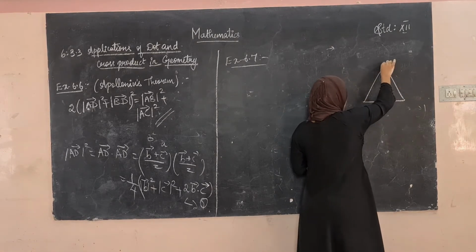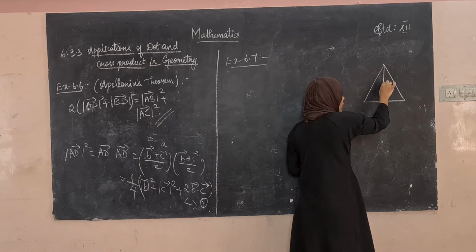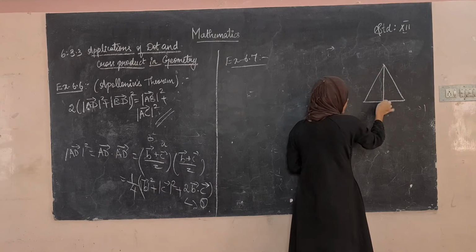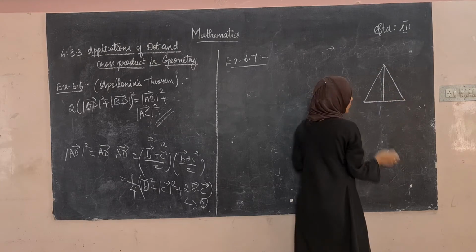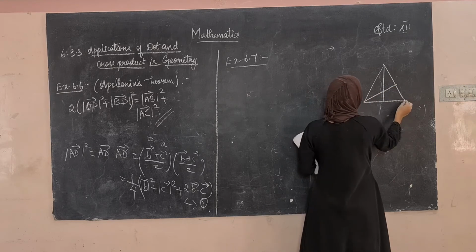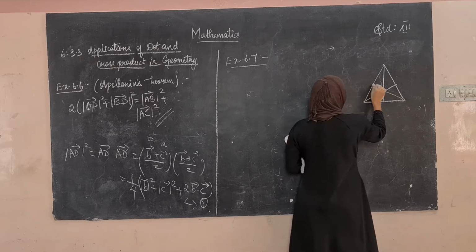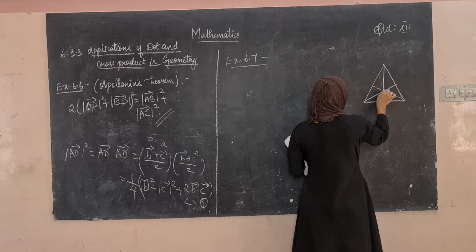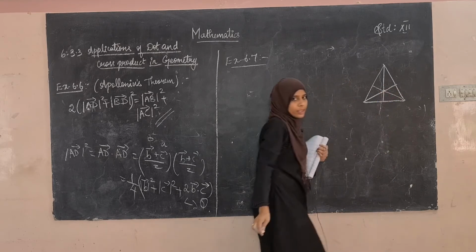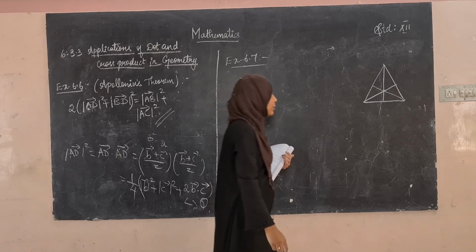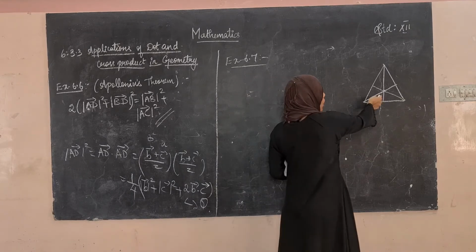From this vertex, if a line is drawn, this line should be perpendicular to this side. Similarly, from this vertex and from this vertex also. What we have to prove is that these three lines meet at the same point. If they are concurrent, the three lines should have a common point.